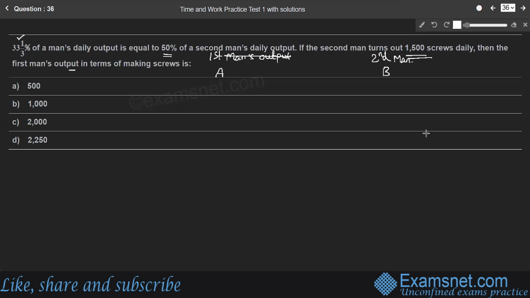as B. It is given that 33 1/3% of first man's output, so 33 1/3% of A, is equal to 50% of second man's output. Second man's output is B here, so 50% of B. And it is given that the second man turns out 1500 screws daily.